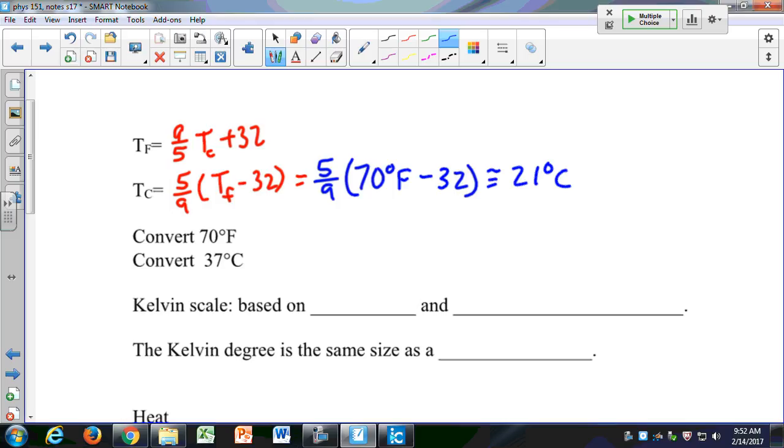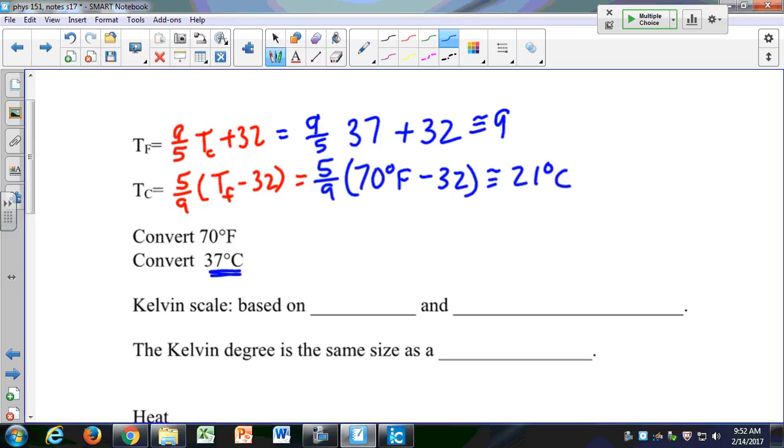Similarly, if I wanted to convert 37 degrees Celsius, I would say 9/5 times 37 plus 32, and this is approximately 90.